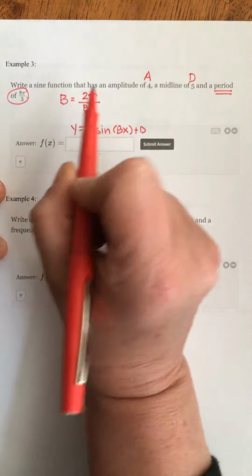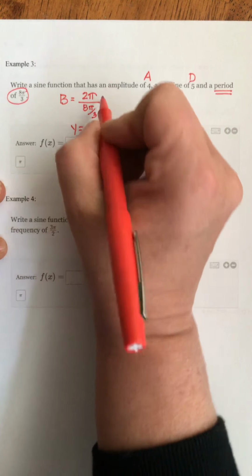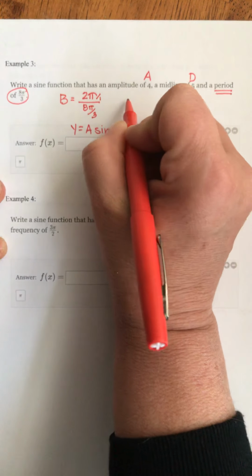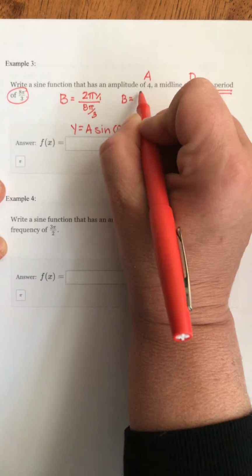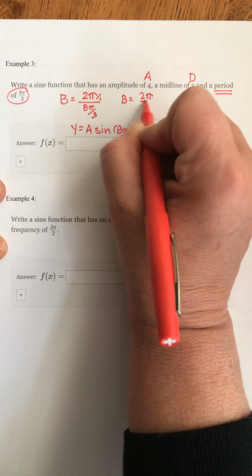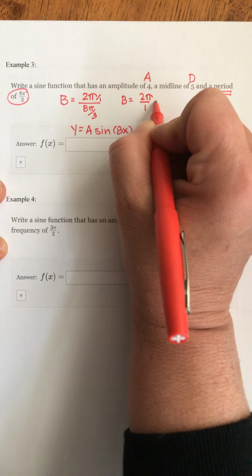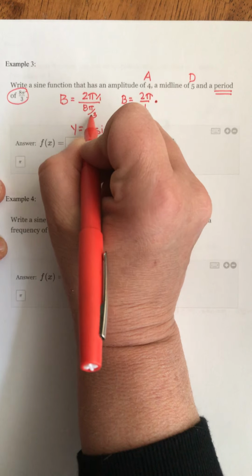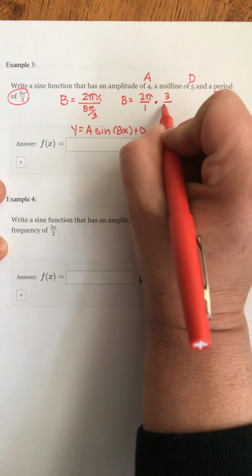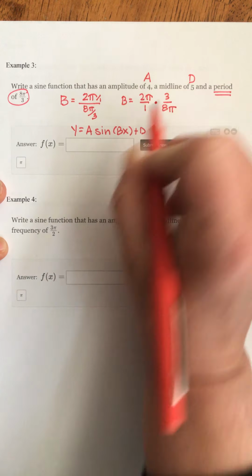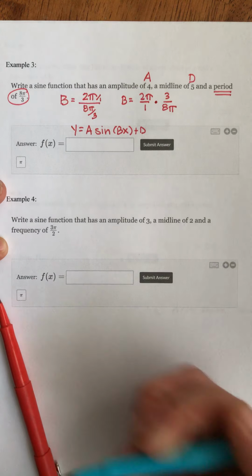Okay? So this is going to be a keep, change, flip. So I'm going to put the 2 pi over 1. So b would be 2 pi over 1 times, and then flip this denominator. So it'd be 3 over 8 pi. And this fraction simplifies some.